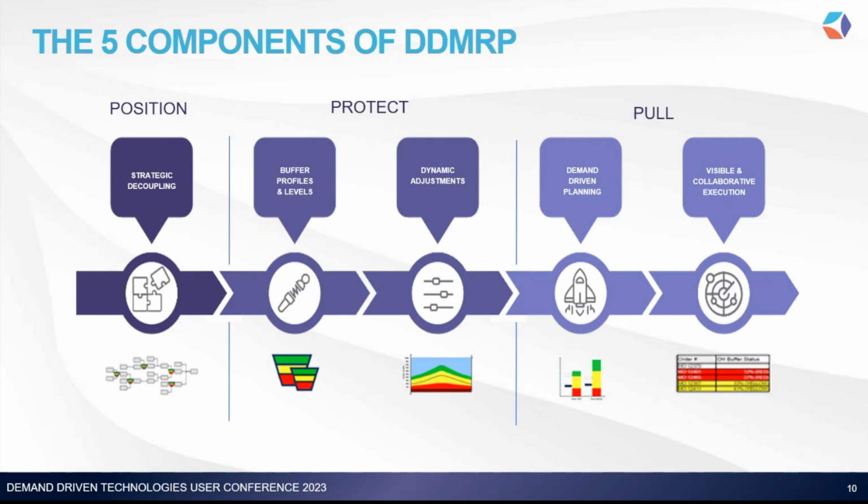Let's say you've got thousands and thousands of items in your portfolio that we assign buffers to. Things are going to change with those items over time. And so while we apply buffer profiles initially, at some point down the road, we might need to make some adjustments there. So there's a tool in the software called the Smart Buffer Profiler that allows you to evaluate that en masse.